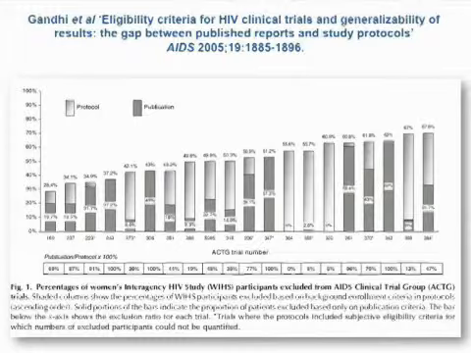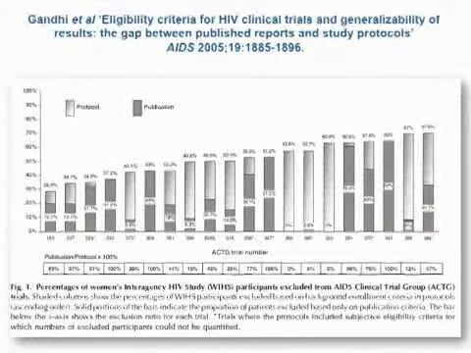So what we did was go to the literature and look at the eligibility criteria published by the clinical trials, and then apply them to our cohort. We wanted to see, of the women in our study, how many would be eligible for individual clinical trials.